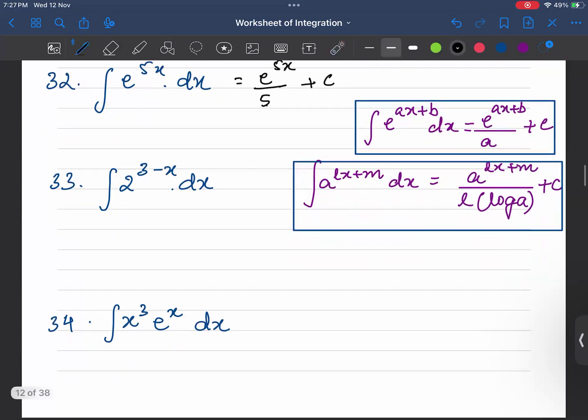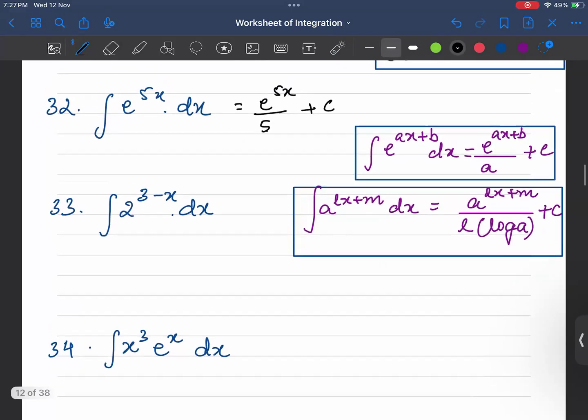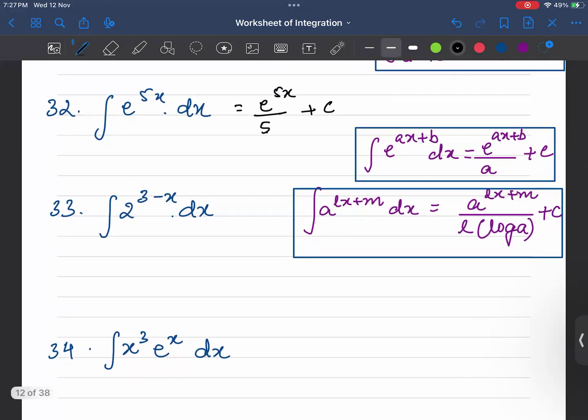Now comes the next. 2 power 3 minus x. 2 is a number which is the base. We know the formula. We can write 2 power 3 minus x as it is, divided by whatever is multiplied by x, which is minus 1.